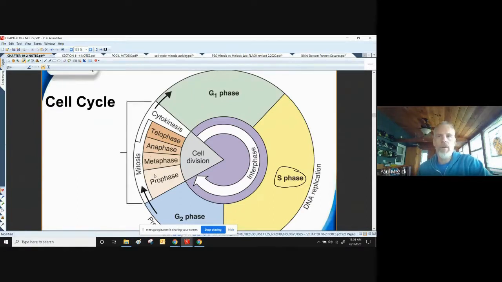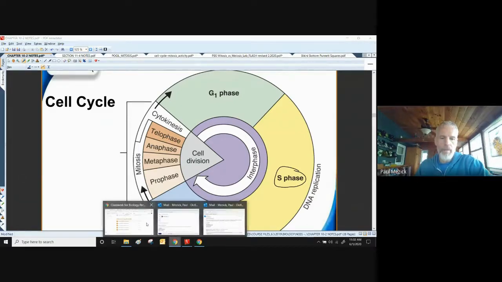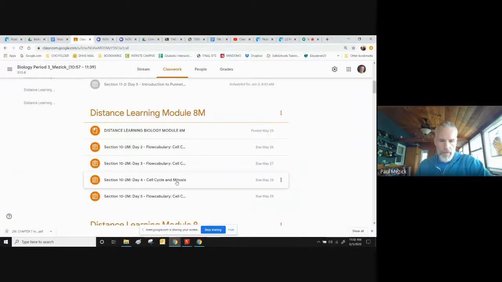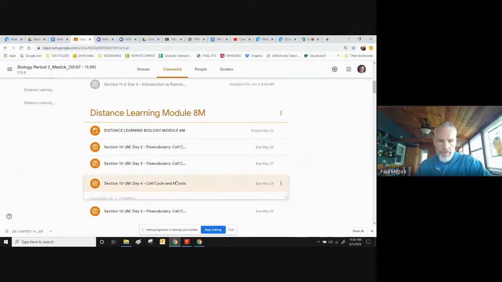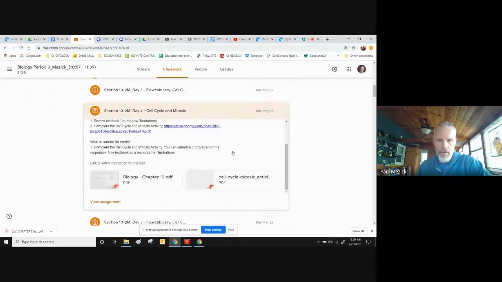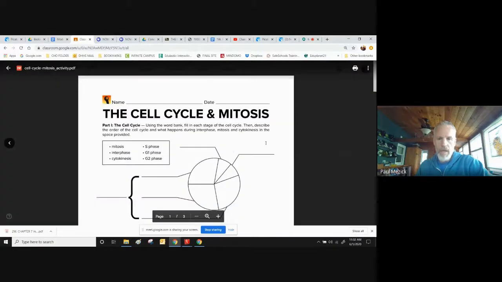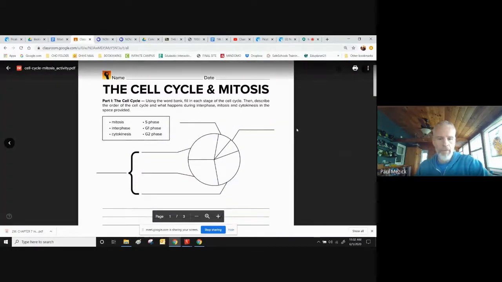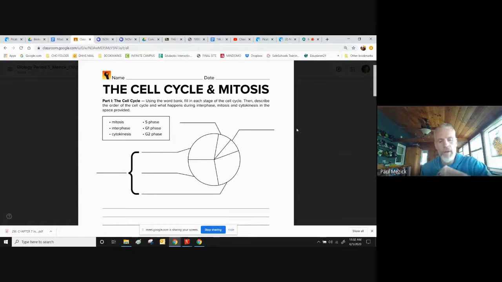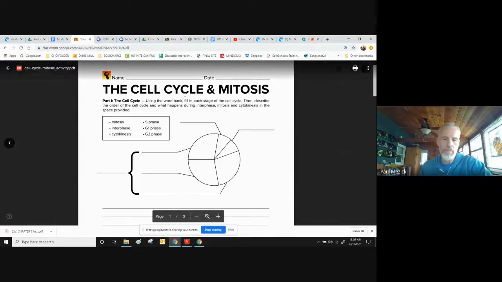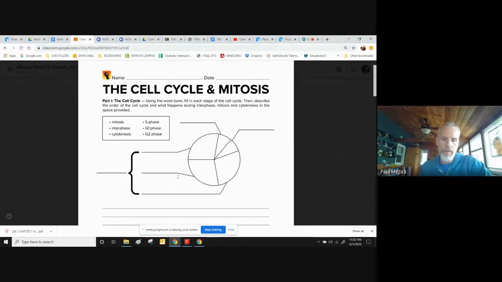And I believe, let's go back to the class, you ended up with something that you had to draw. And I think this is it. We spent a little time reviewing this, and I gave you some hints on looking at the diagram and then trying to use this blank diagram and make inferences as to where the parts might fit.